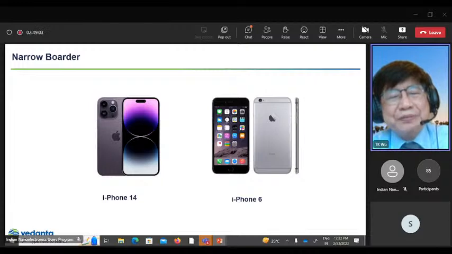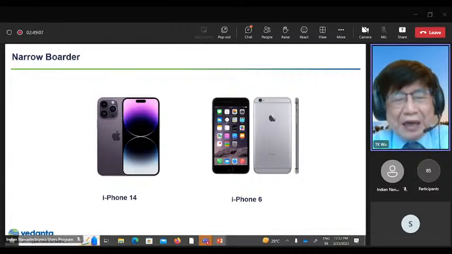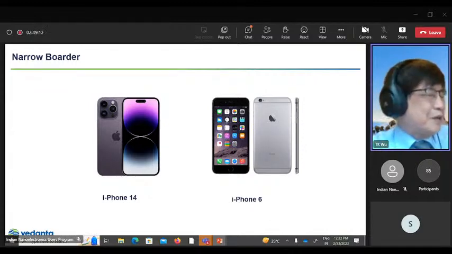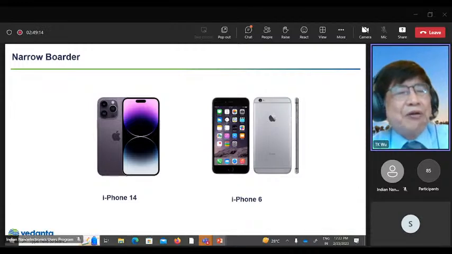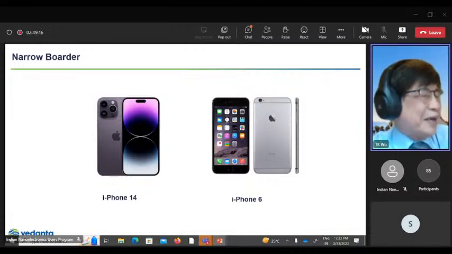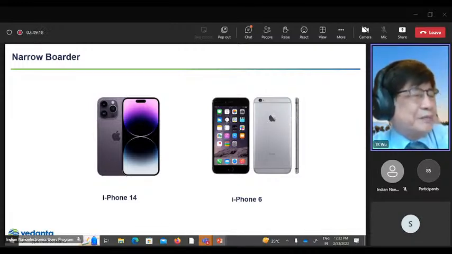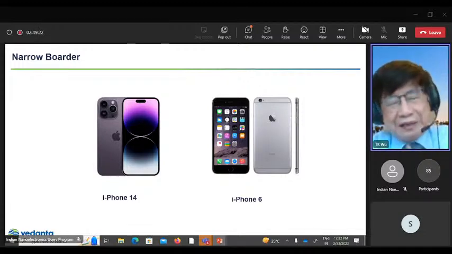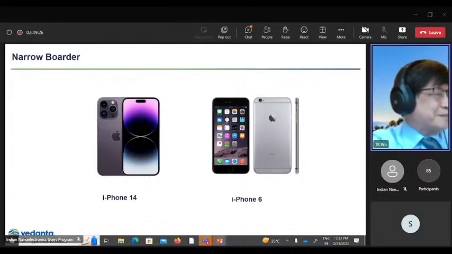Now we have to save the border, since the border would otherwise occupy the panel. In the iPhone 14, we have to have narrow border technology. As the panel becomes bigger, narrow border technology keeps the phone size holdable by one hand. I think that's a very basic requirement. Next one, please.